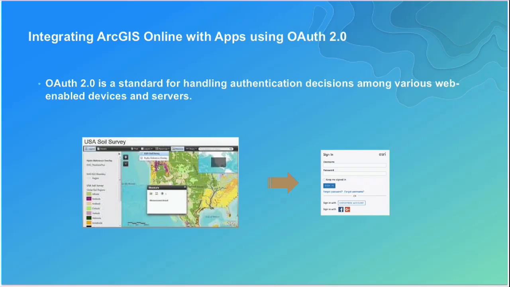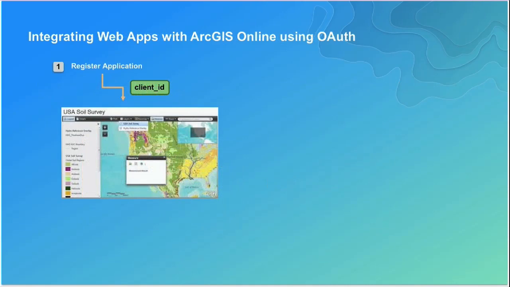So there's something called OAuth 2, which is a standard for how web applications can integrate identity on the web, and we support that. And so you, as an app provider and an app developer, can actually integrate your apps and be able to use ArcGIS Online identities and have people sign into it and then use their information in the application.